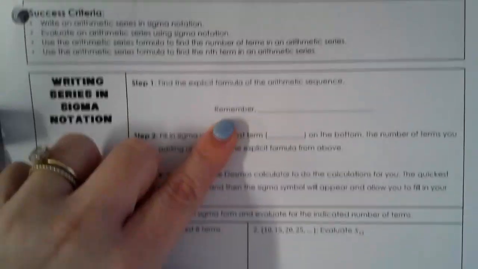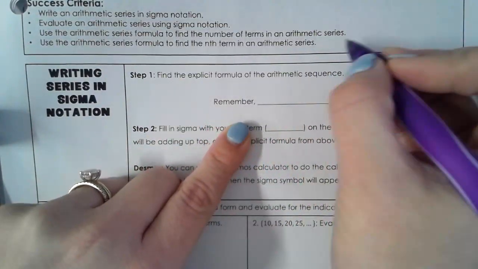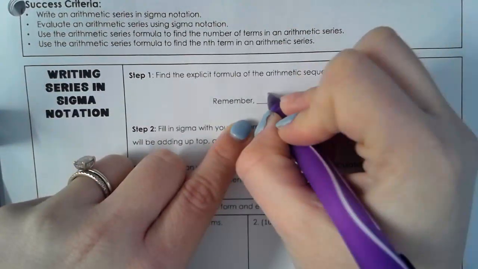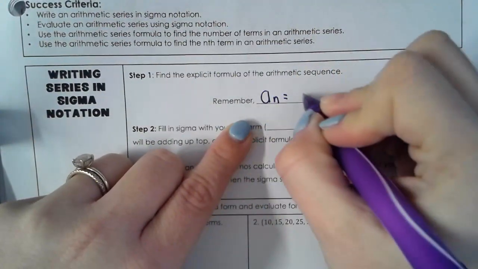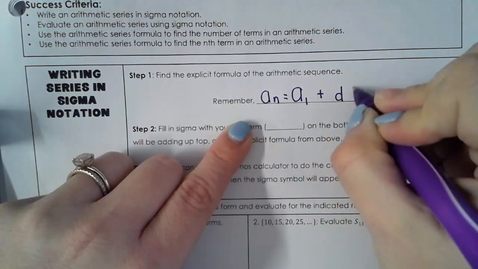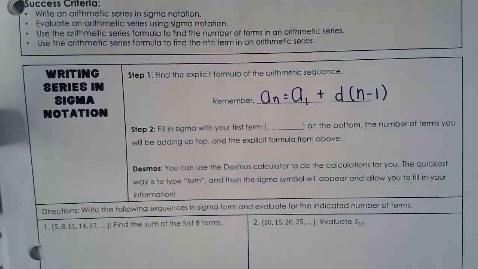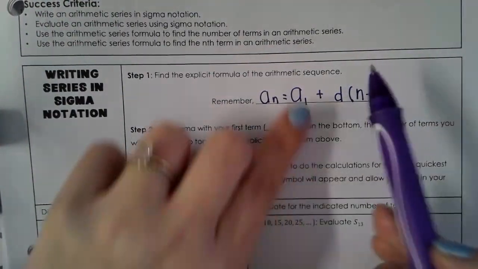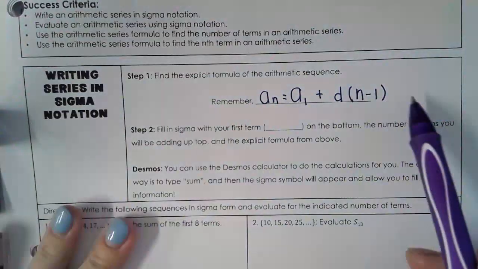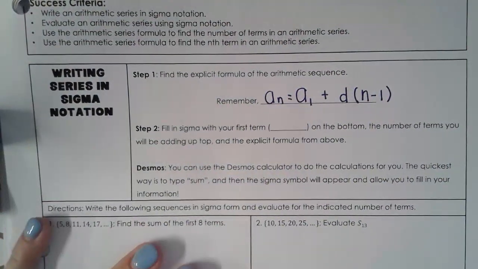And before we do that, you need to remember the explicit formula for arithmetic. You remember it's AN equals A1 plus D times N minus 1. And this formula right here is going to help you find one specific term in the list.